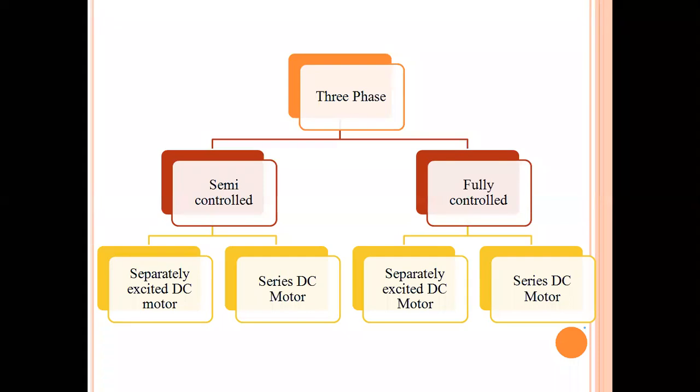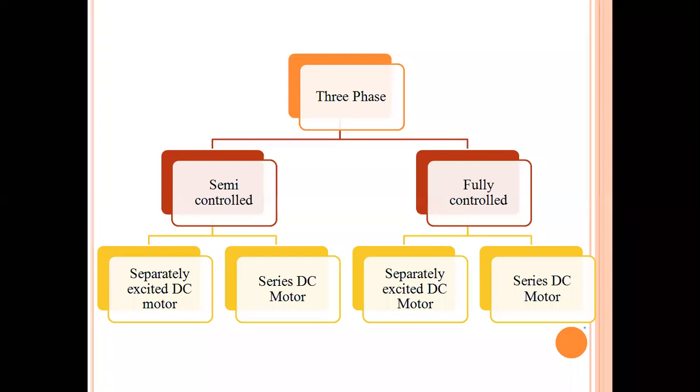Okay. So these 8 topics, in each and every topic, we will cover the circuit diagram, the construction of the circuit diagram, means what are the elements that are in that circuit diagram, and the operation of that circuit diagram. Based on the operation, the waveforms of the circuit diagram. After that, speed torque relationship derivation.